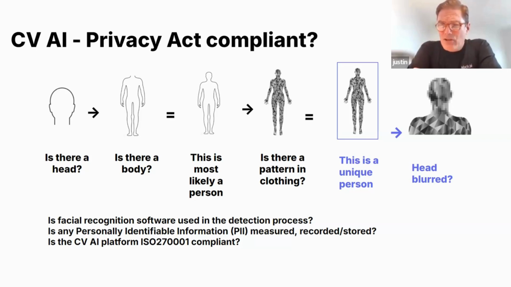And lastly, is the computer vision AI platform certified ISO compliant with 27001? That is the security privacy standard that is mandated by ISO, the International Standards Organization. So there's a few considerations there to look carefully into with any computer vision AI player, particularly within Australia.